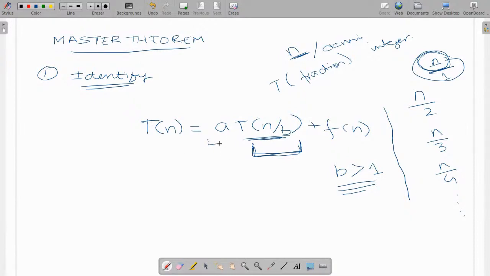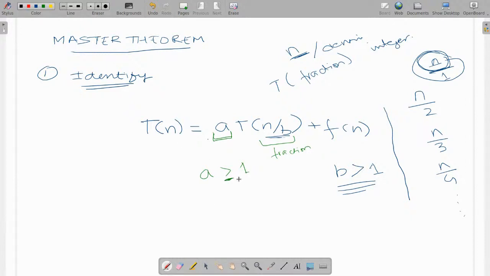We also have one more constant here named a, and this a can be greater than 1 and also equal to 1.